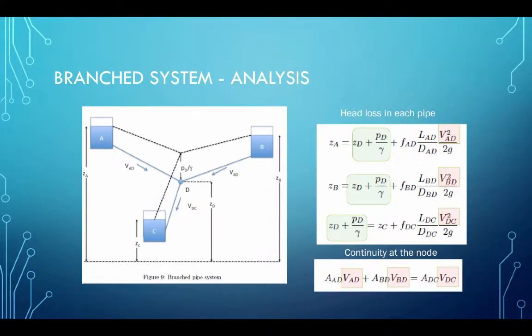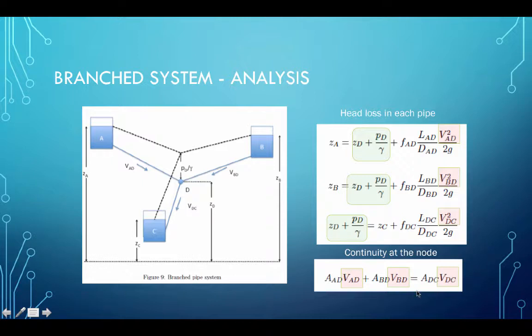If we write the various head losses in each pipe, we could come up with the expression that the total head at A minus the head loss from A to D equals the total head at D. Total head at B minus the head loss from B to D equals total head at D. And then total head at D minus the head loss from D to C equals the total head at C. They're rearranged a little differently here in the diagram, but that's essentially what those three equations are.